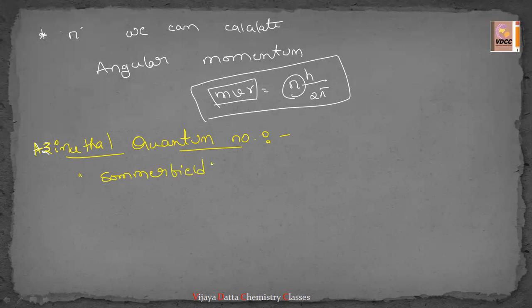This azimuthal quantum number is represented with small l.